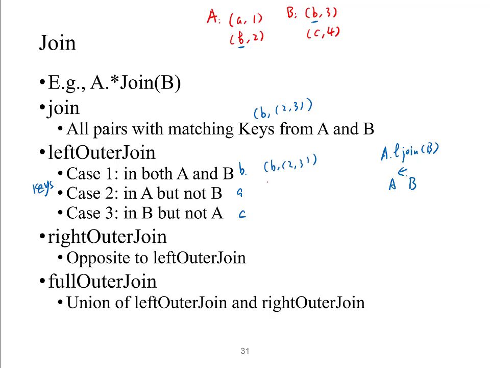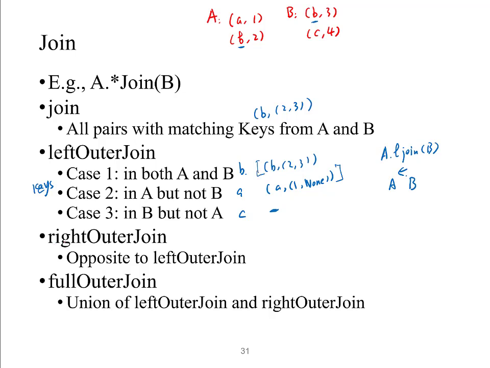But for those in A but not in B, you would keep the key. So you would keep A, and you keep the value in A. In B, there's no key A and no value for A, so you just put a none here. And for those keys that are in B but not A, because we don't care about such keys, you do nothing. You do nothing for C. Right. So the result of left outer join would be like this.